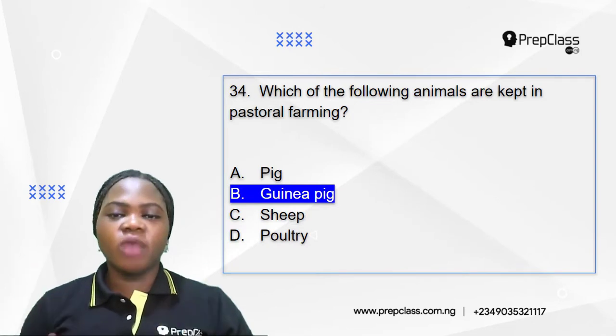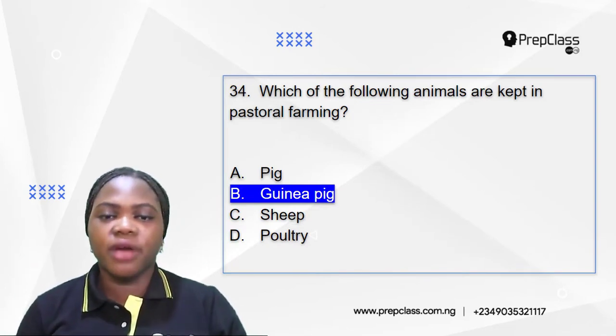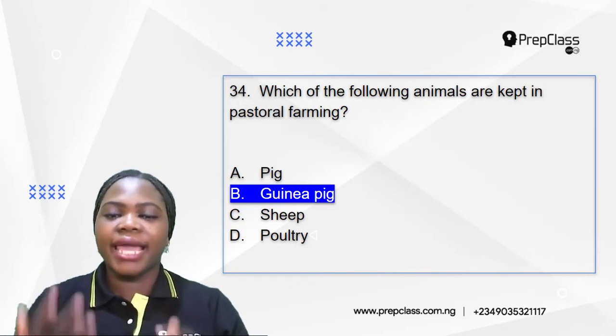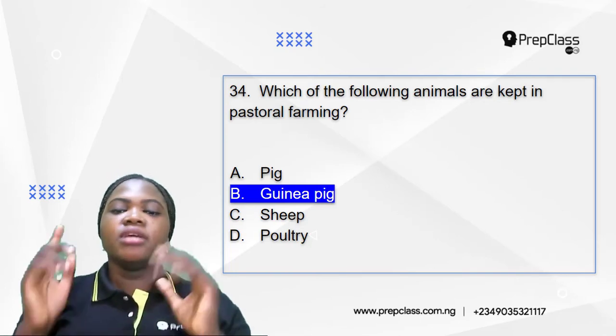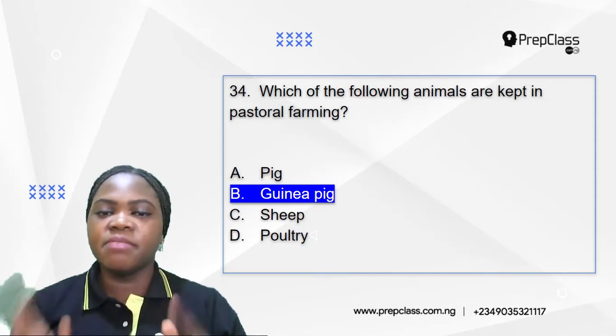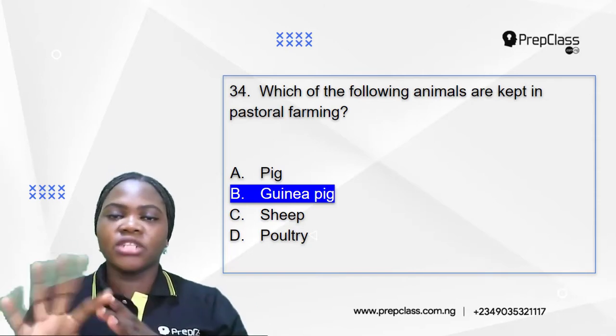So which of the options is correct? Which of the following animals are kept in pastoral farming? Pigs are kept in pastoral farming, sheep are kept in pastoral farming, poultry are kept in pastoral farming. So the only animal that is not kept in pastoral farming is guinea pig. So question 34 can be rephrased because that question is wrong.